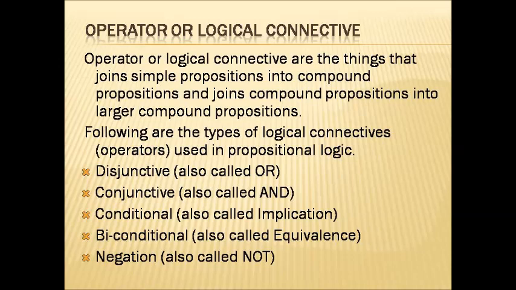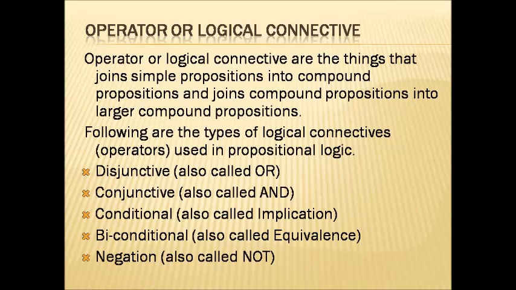Here we can see that in order to form the compound proposition, we are using some operators. We call these operators logical connectives. So we use logical connectives to form compound propositions. Here we can see the different types of connectives used in propositional logic. The first one is disjunctive, also called the OR operator.